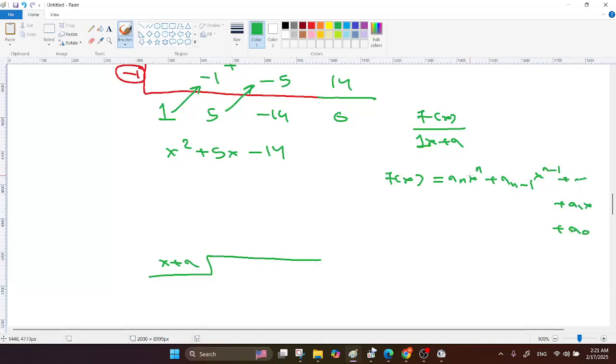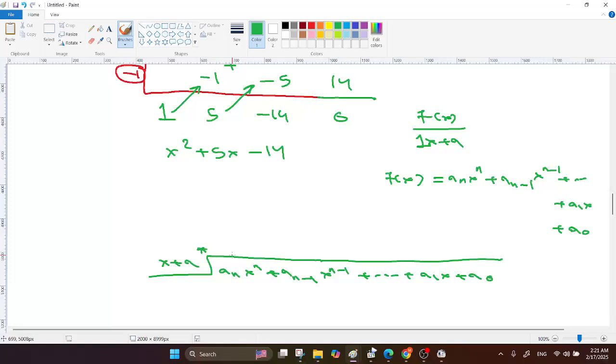Okay, so we have a polynomial which has n degree. Okay, let's write it here: a n x to n plus a n minus 1 x to n minus 1 plus and so on, plus a1x plus a0. Let's divide now.